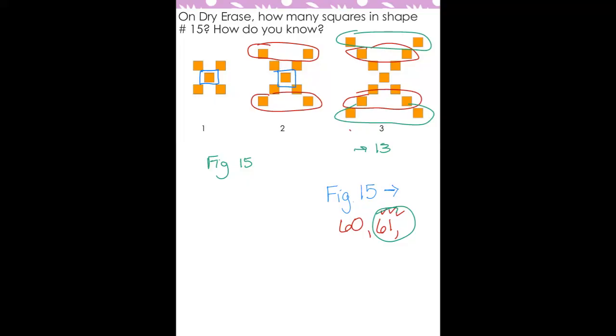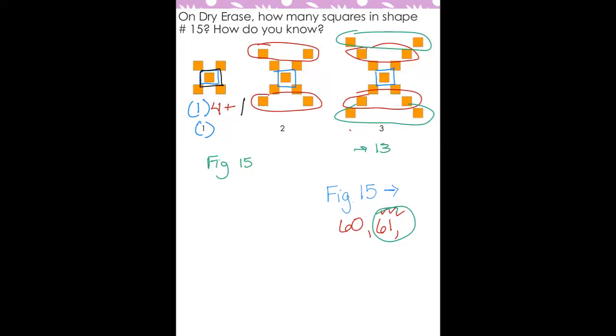So she saw this, and so this would have been figure 1 times 4 plus the one in the middle. Something like that? Okay.